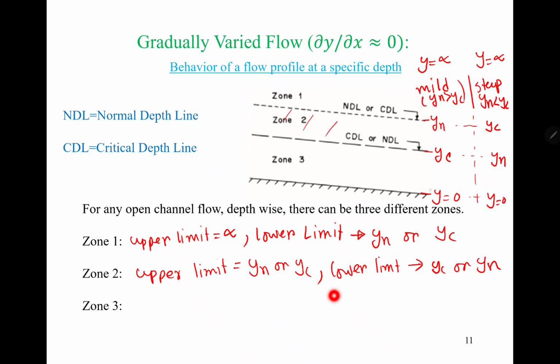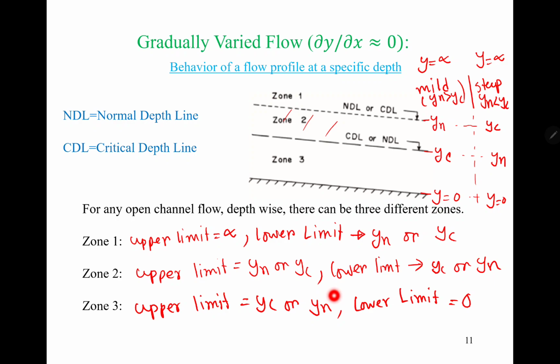Now zone 3: the upper limit is yc for a mild channel, or yn for a steep channel, and the lower limit is 0 for any type of channel.